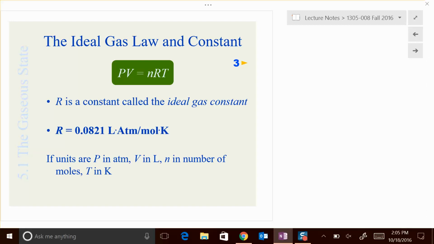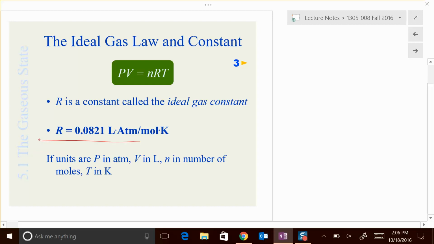So I'm not looking for P1 to P2 or V1 to V2. I am looking for what is the pressure or what is the volume of this system, because they no longer equal something else. Okay? They equal R.